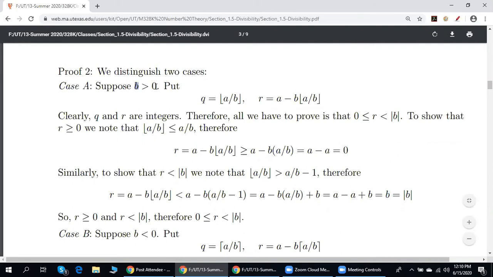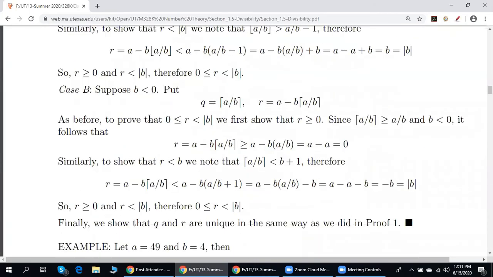And since b is greater than 0, b is equal to absolute value of b. So r is lesser than absolute value of b. Since r is greater or equal to 0 and lesser than absolute value of b, r indeed satisfies this double inequality.